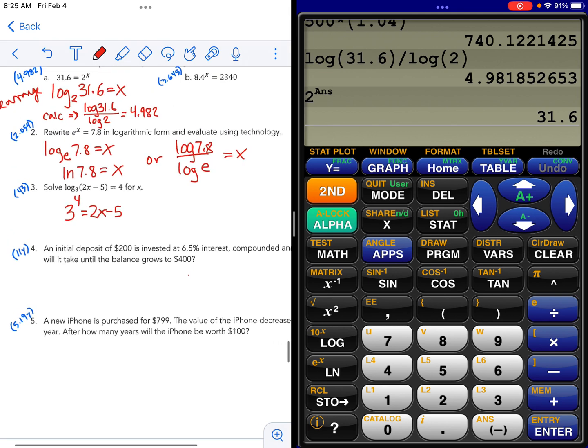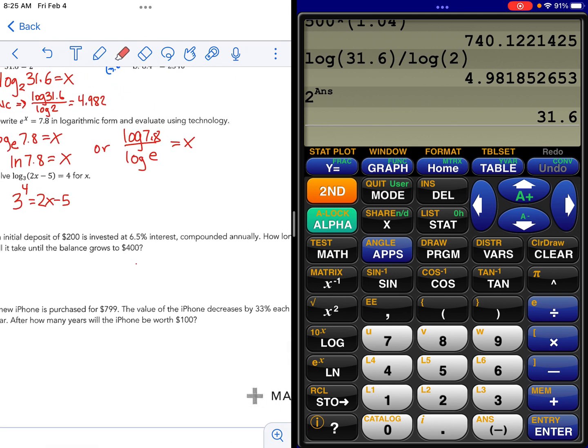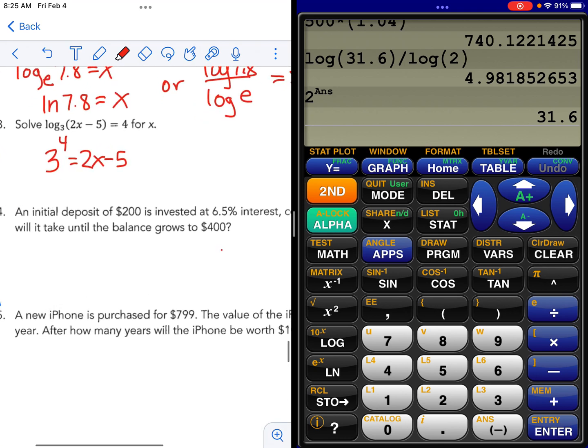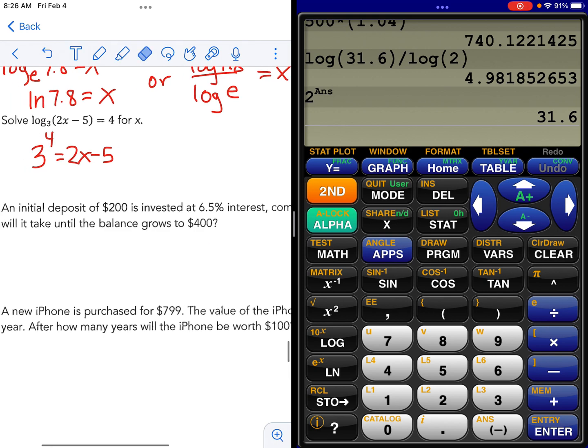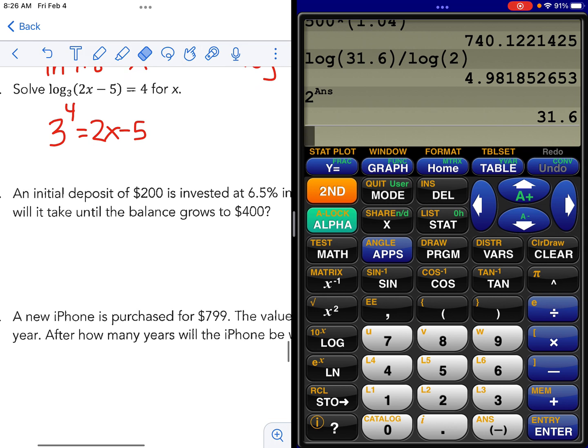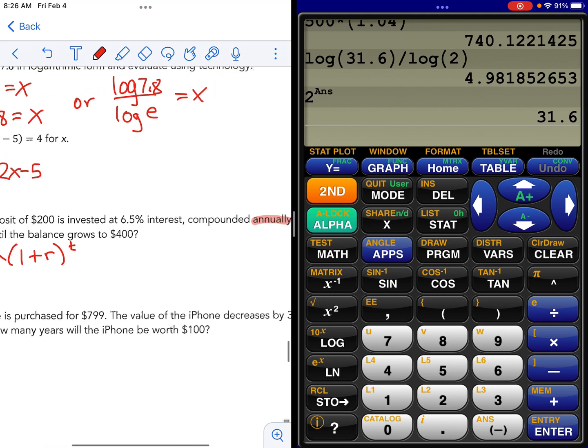It says an initial deposit of $200 is invested at 6.5 percent interest, compounded annually. So we're going back to these annual equations, and it says how long will it take to grow to 400. So this is like what we started the notes with, right? When we set this up, we're going to be using y equals a times, this is growth, so it's 1 plus r to the t.